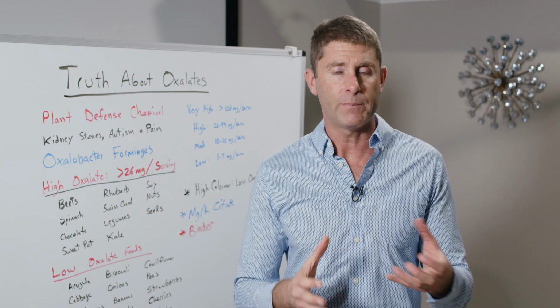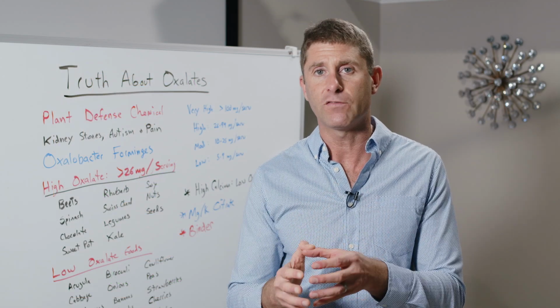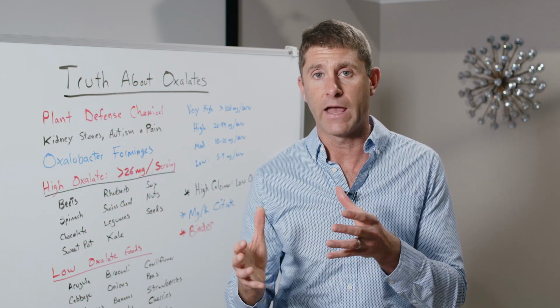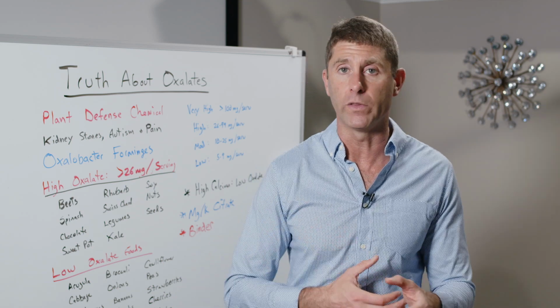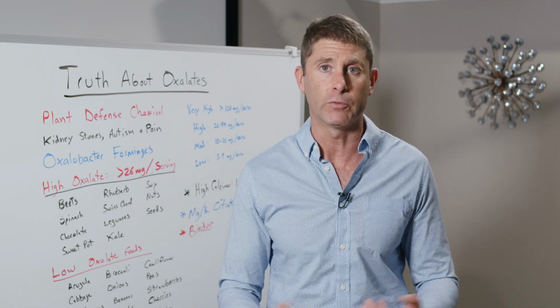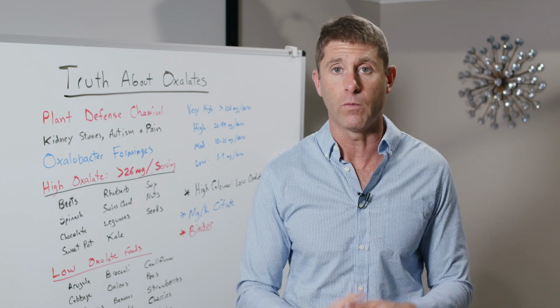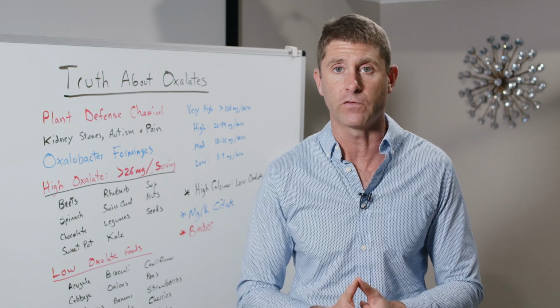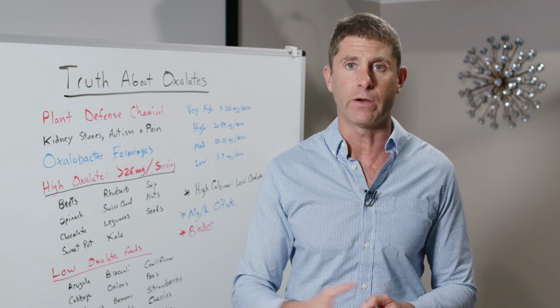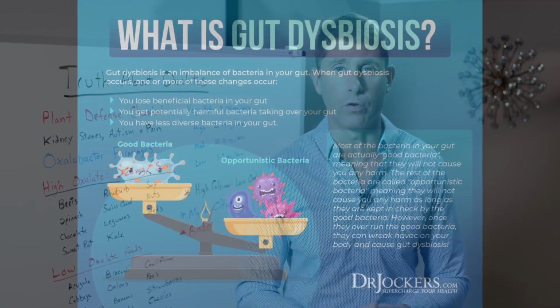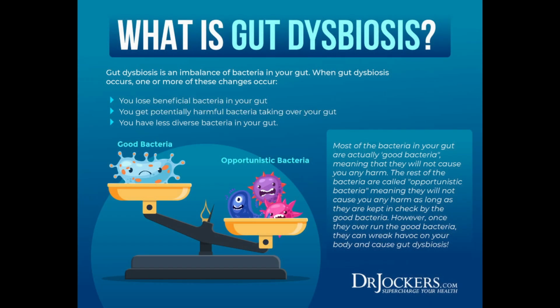So we want to look at B6 levels, utilize magnesium potassium citrate and a binder to help pull these things out. And that will help reduce the overall oxalate levels. Of course, we're reducing the amount of consumption. We're also looking to see if there is elevation in fungal overgrowth, right? If there are too many fungal species, candida species, in our gut as well.